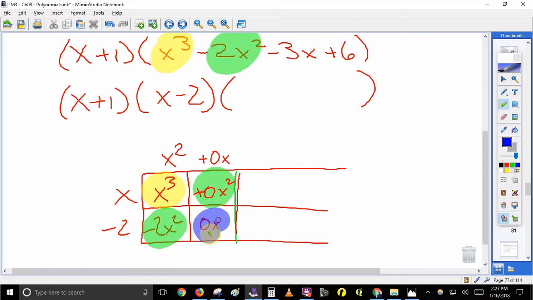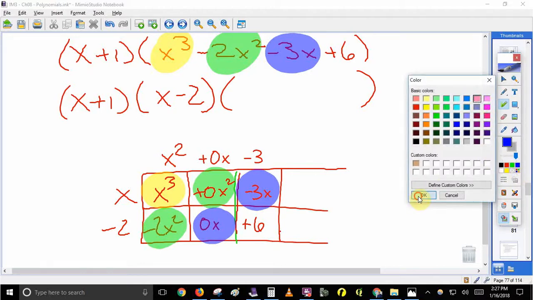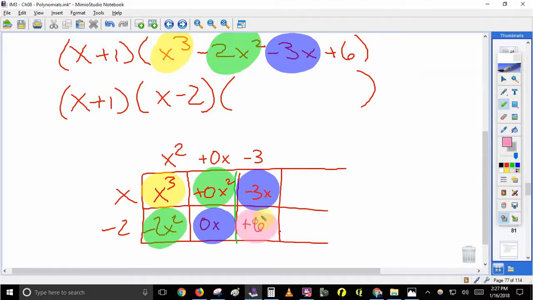Now, this plus this has to equal -3x. Which makes this -3, and this +6, which is great because this plus this has to equal 6.